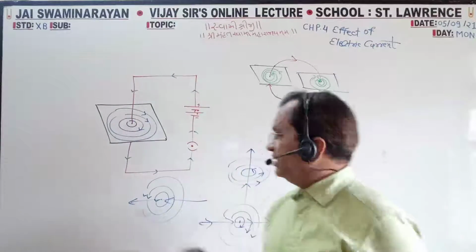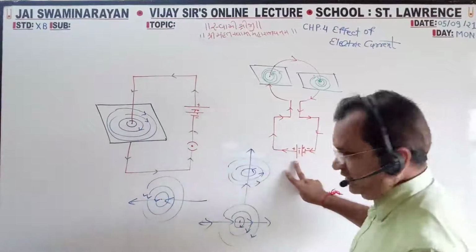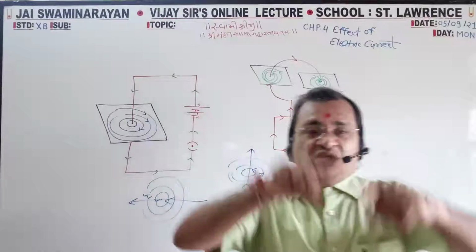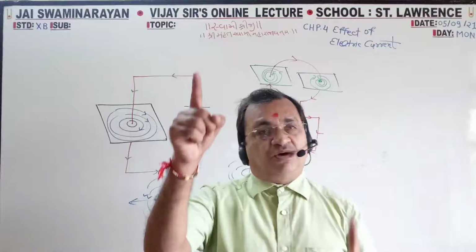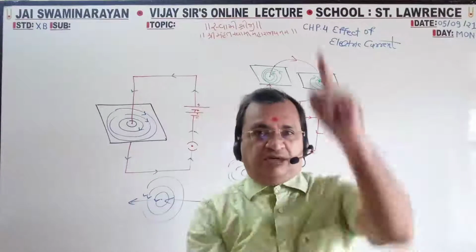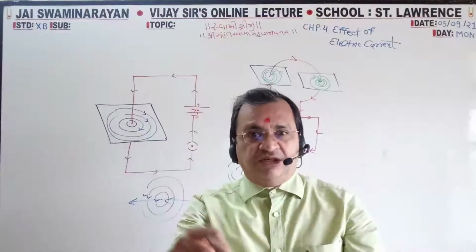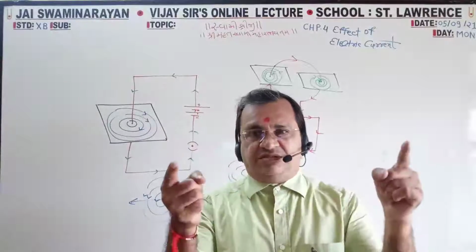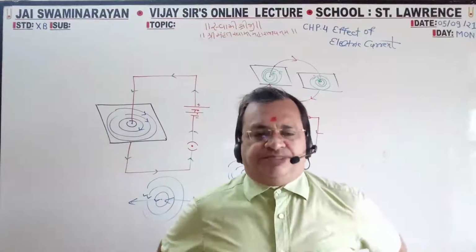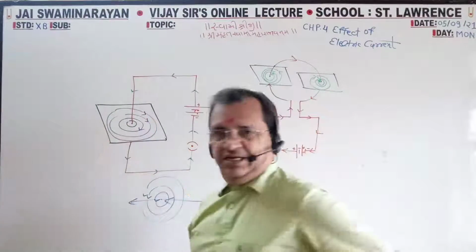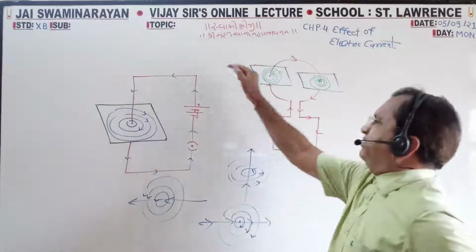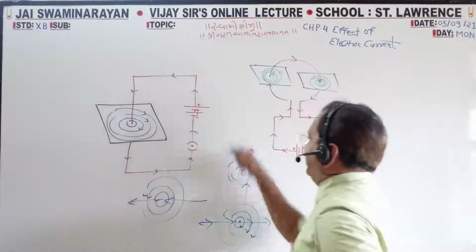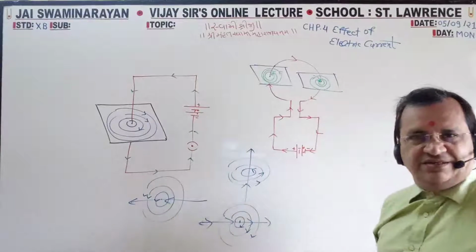If I change the battery this way, negative, positive, then instead of this, it will cross this. Because one is down, one is up, opposite, opposite. That is why like this or like this. This is from a single wire. It is a single wire, and then from the rectangle I make a circle.